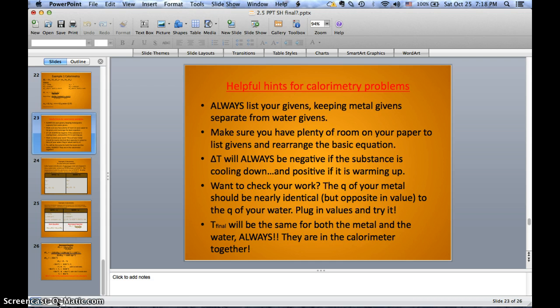The heat of the metal should be pretty darn close, but opposite in value to the heat of your water. So plug the values in and see if it works. The final temperature will always be the same for the metal and the water. Always, always, always. They are in the calorimeter together, and so when they reach equilibrium, the temperatures have to be the same for both. All right, so keep those things in mind.